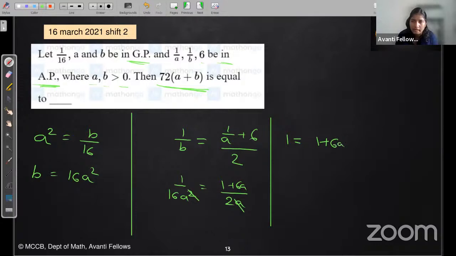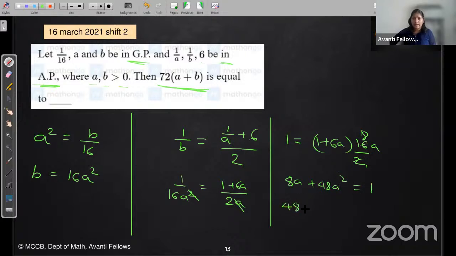(1 plus 6A) into 16 divided by 2, right? So it's going to be what? It's 8. Just solve it. What will we get? It's going to be 8A plus 48A square is equal to 1.